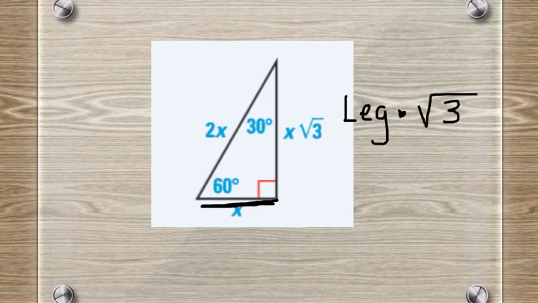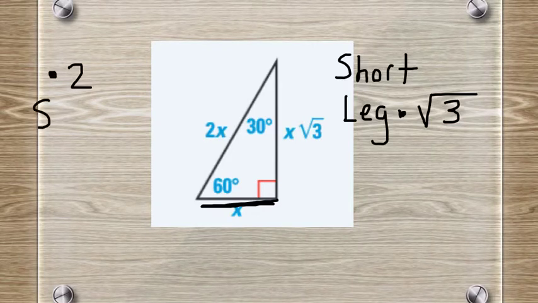That leg is always radical 3 multiplied by the shorter leg. Now to find the hypotenuse, you just double, so multiplied by 2 of the short leg.